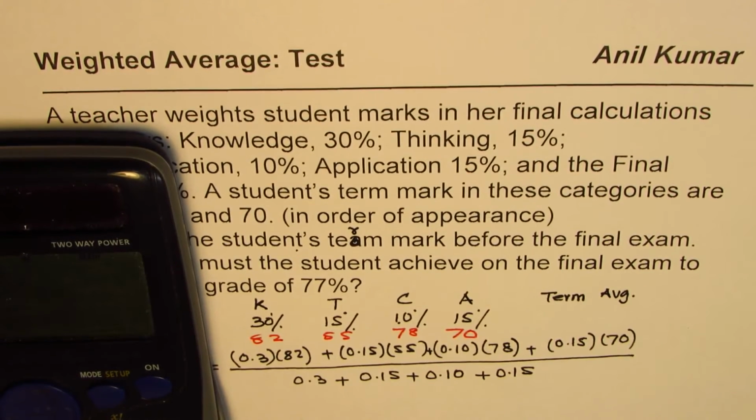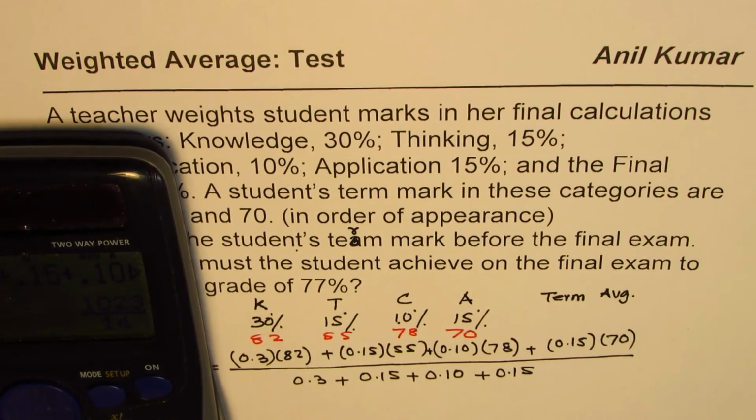So we have 0.3 times 82 plus 0.15 times 55 plus 0.10 times 78 plus 0.15 times 70, and then we'll divide this by the sum of 0.3 plus 0.15 plus 0.10 plus 0.15, bracket close, equal to.